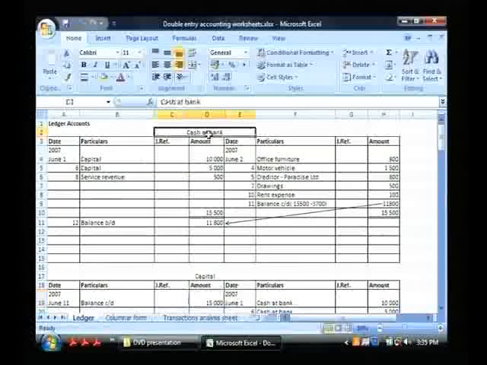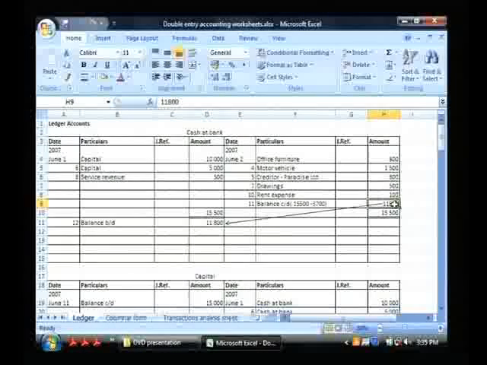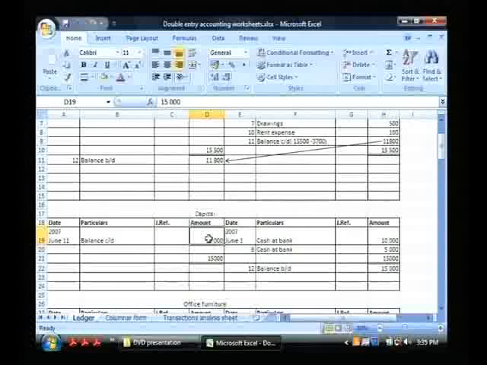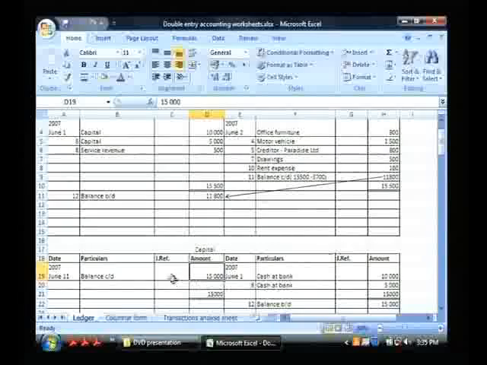Now, cash at bank account 11,800, carried down balance is recorded in the credit side, therefore it is a debit balance. Capital account, carried down balance is recorded in the debit side, therefore it is a credit balance. That is one way of identifying the balance.